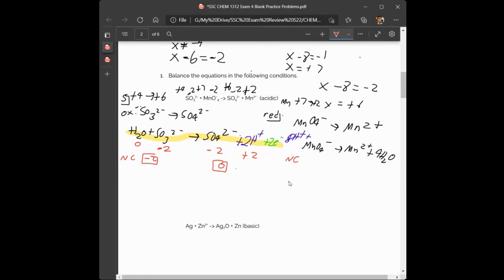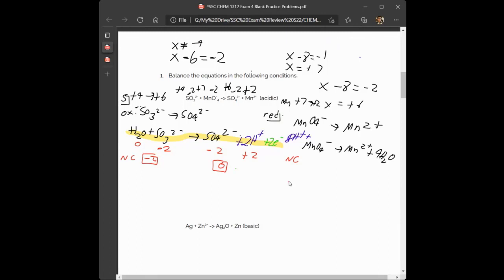We have 8 from the 8H plus, and then we have a minus 1 here, so that's going to be overall plus 7, and then we have plus 2 here. To make them the same charge, we can add 5 electrons on the left side, so 5e minus plus 8H plus MnO4 minus to Mn2 plus 4H2O.